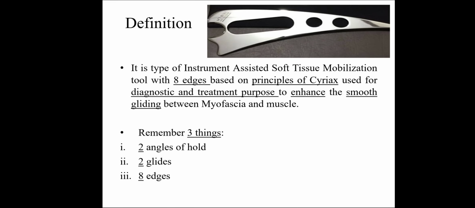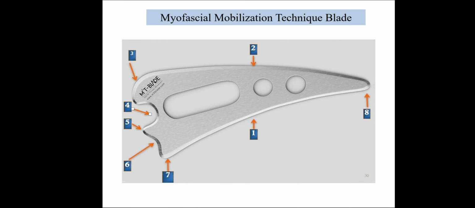Now points to remember about this tool: two angles of hold, 2 glides and 8 edges. As you can see in the diagram that there are 2 angles of hold. Let's look into the picture of 8 edges first. You can see the 8 edges in the image. The first one is known to release the superficial muscles or the myofascia.